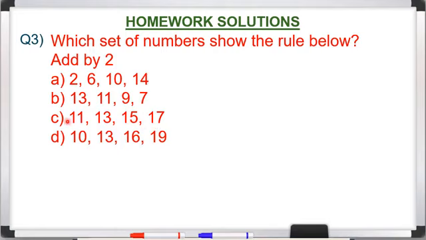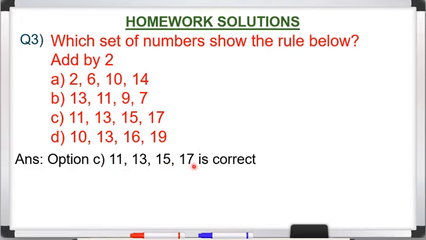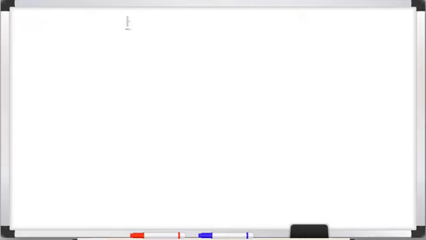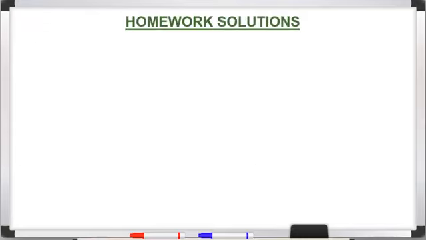How? 11 plus 2 13, 13 plus 2 15, 15 plus 2 17. So which option is correct? Option C is correct. Answer option C 11, 13, 15, 17 is correct. Clear?